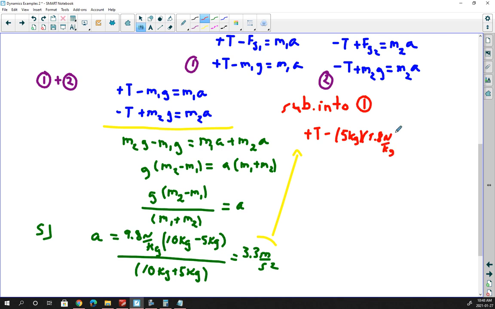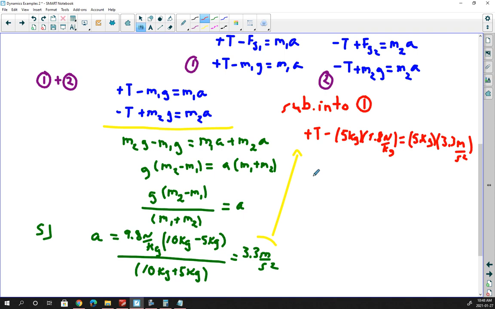When we drop the vector notation, it is equal to 5 kilograms times the acceleration we just got, which was 3.3 meters per second squared.